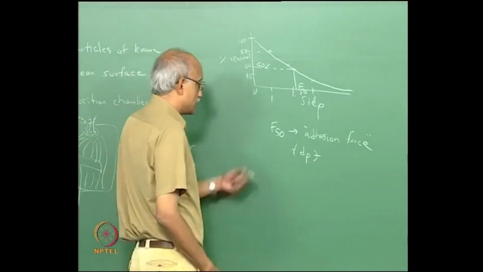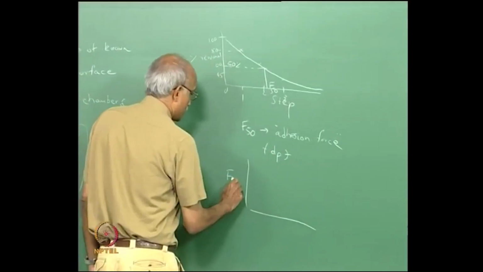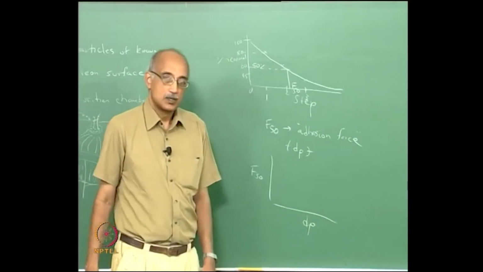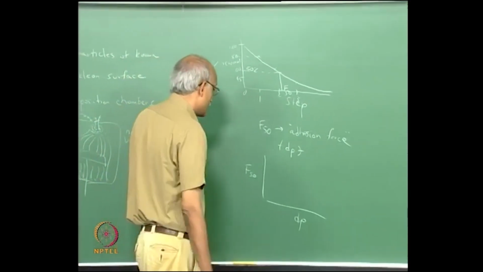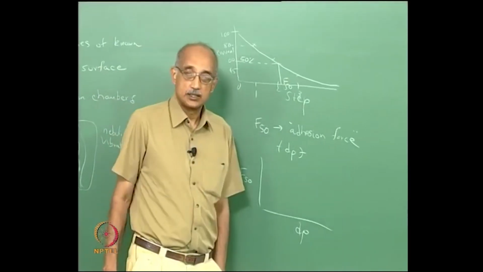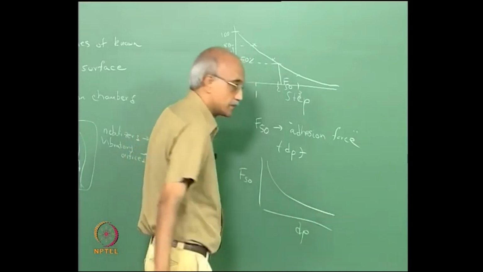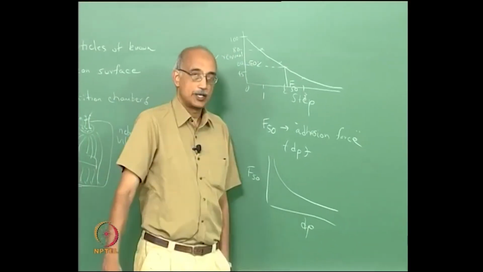So actually if you take this parameter F50 and you plot that against dP, what kind of curve would you expect? As the particle size gets smaller, the force to remove it becomes larger. In fact, this is the kind of curve you will expect.